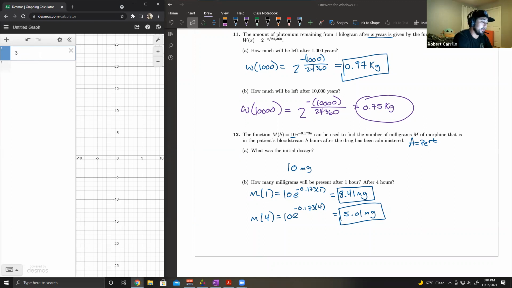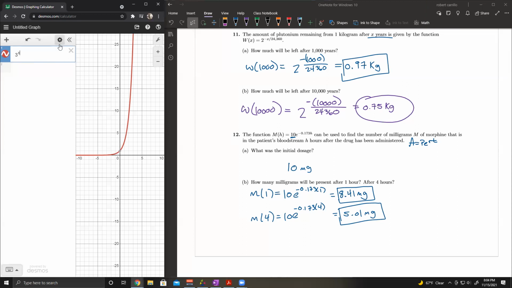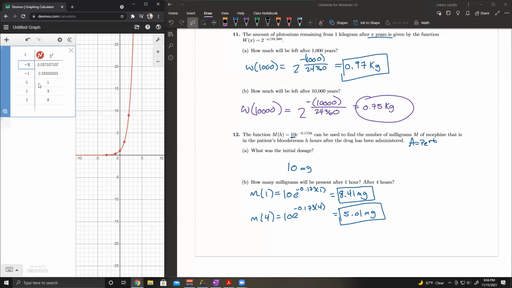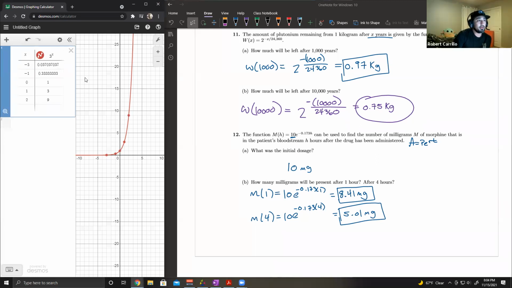You have it as 3 raised to the x like that, and then you hit the table and you type the -3. So just make sure you're typing everything in the right way. Okay, yeah, just kidding. It's working now. I don't know what I was doing before. I did the same thing, but now it's working. Good. Probably just a typo somewhere.